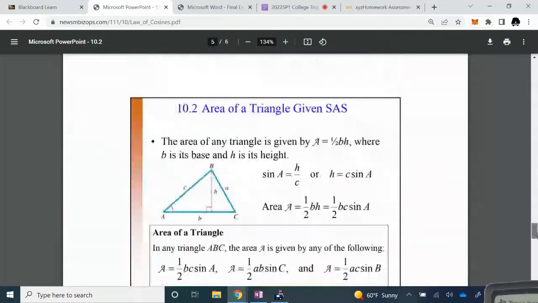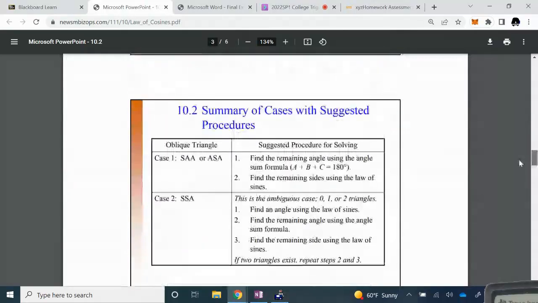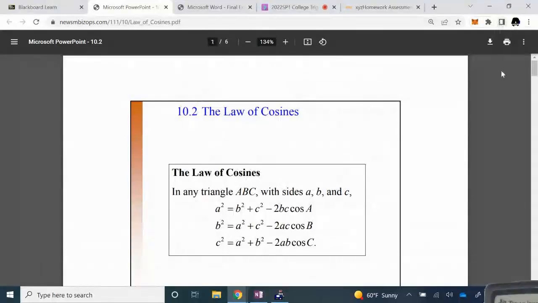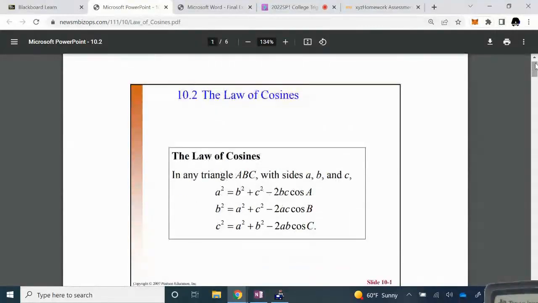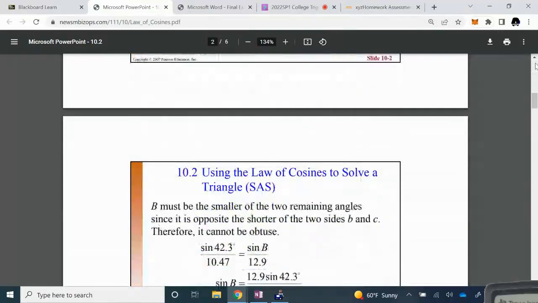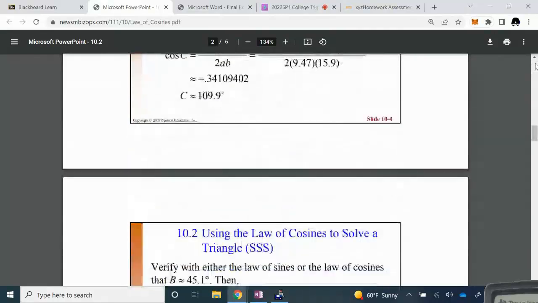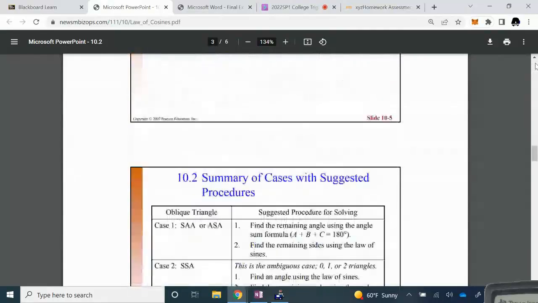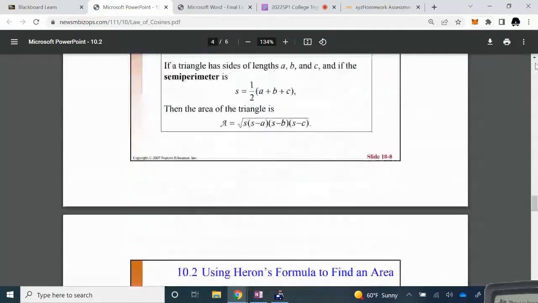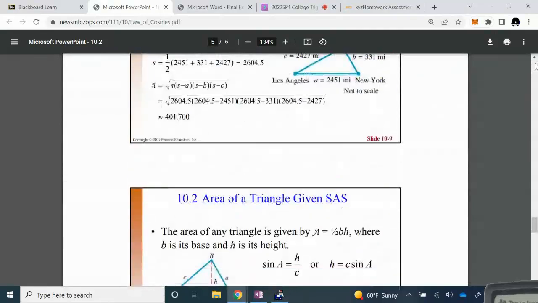Okay, I believe that's toward the end. And I was actually looking for the side angle.